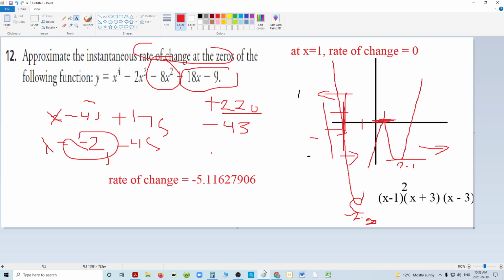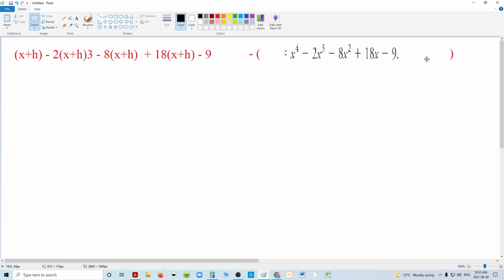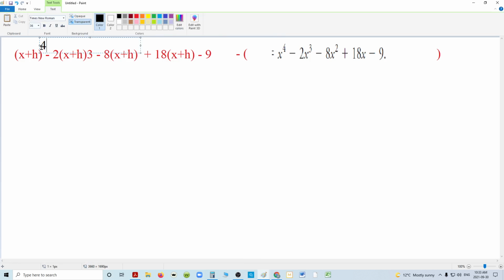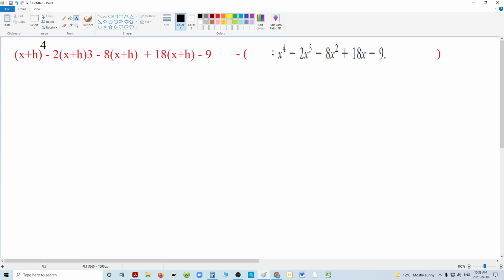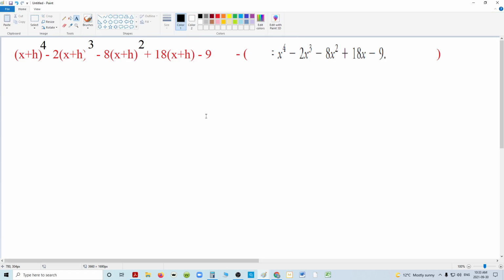Now here's how you'd have to do it using h. Right? And try to remember that this is going to be to the power of 4. This is going to be to the power of 3. This is going to be to the power of 2. And this is going to be just 1.